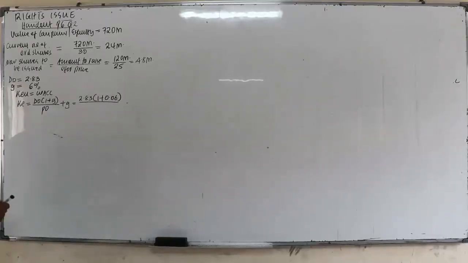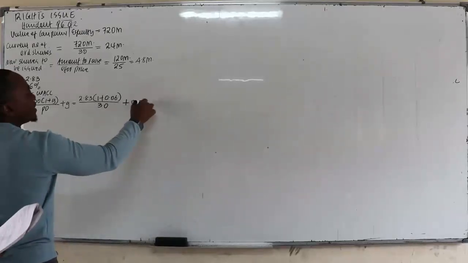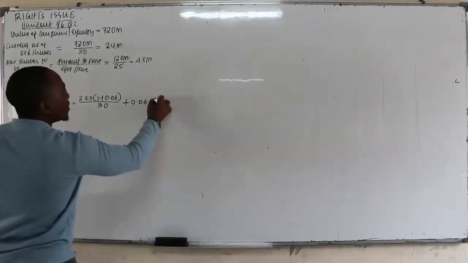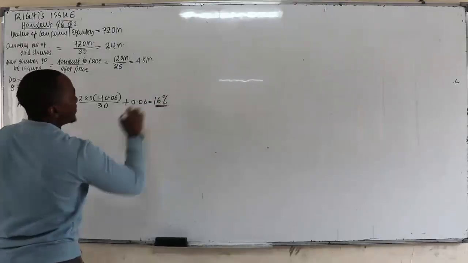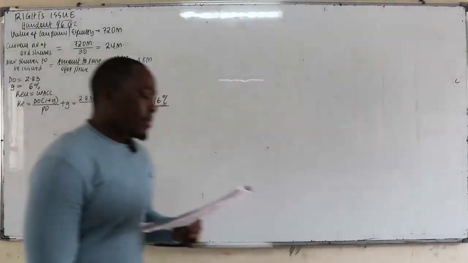P0, how much is the current market price per share? And then you add the growth rate. Give me that in percentage. Sorry? 16%. Good.